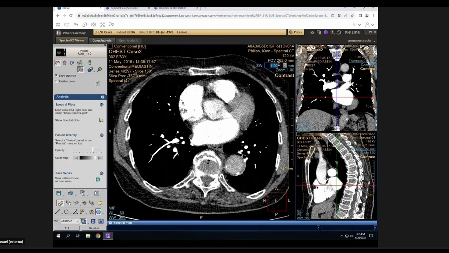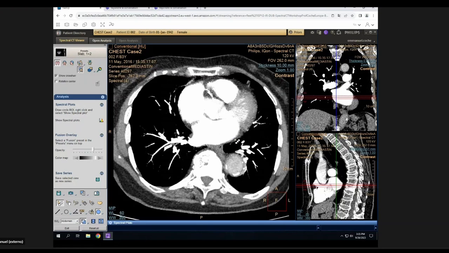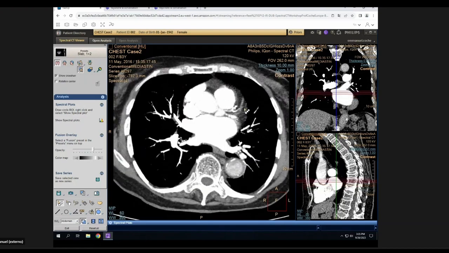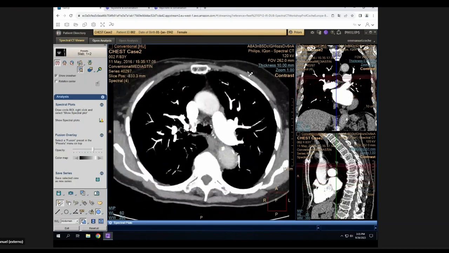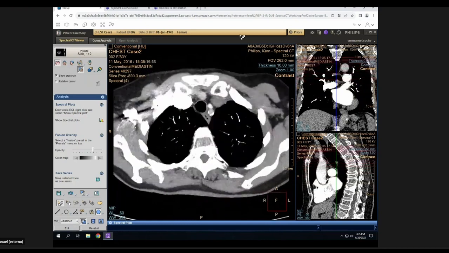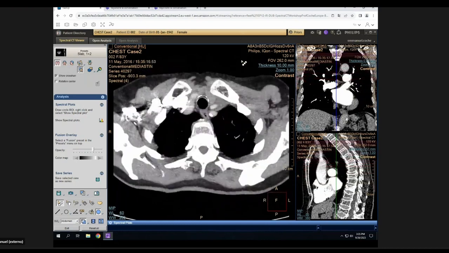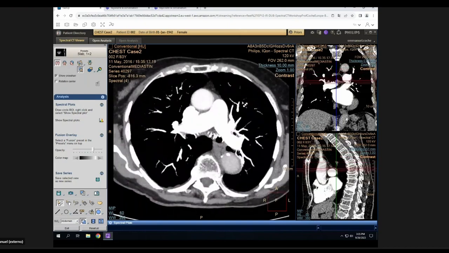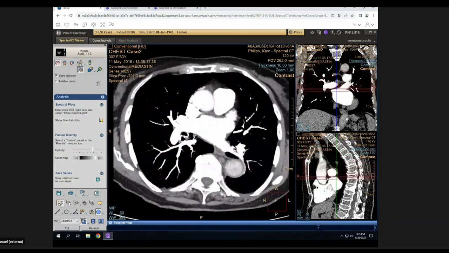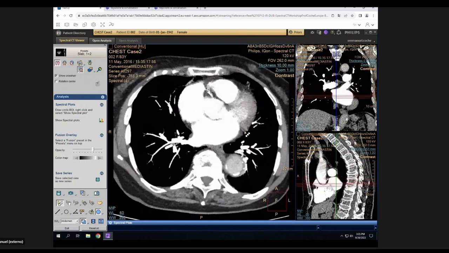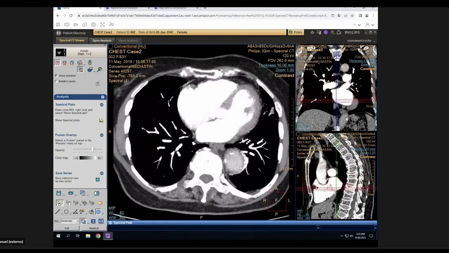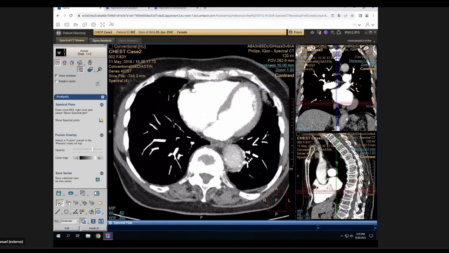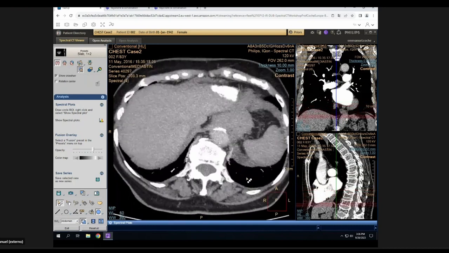You may increase by writing 10, for example. You return and you have the pulmonary arteries in the MIP mode. You inspect the pulmonary arteries. It's not really obvious. I don't see anything really annoying.